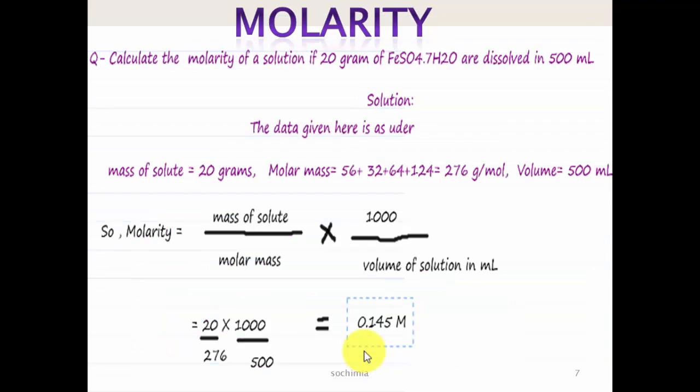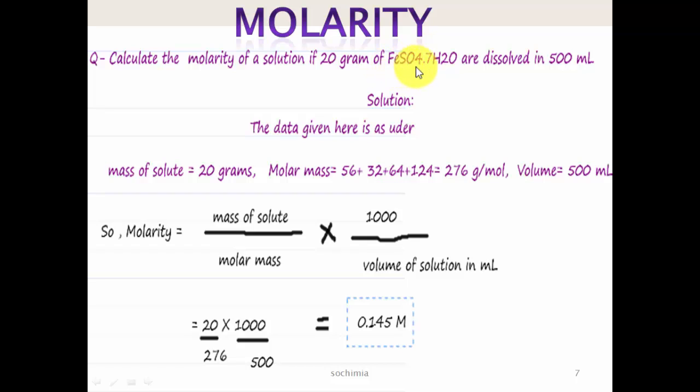Similarly, we have another question which states that you need to calculate the molarity of this solution, where 20 grams of ferrous sulfate heptahydrate is dissolved in 500 ml. So the total solution volume is 500 ml.